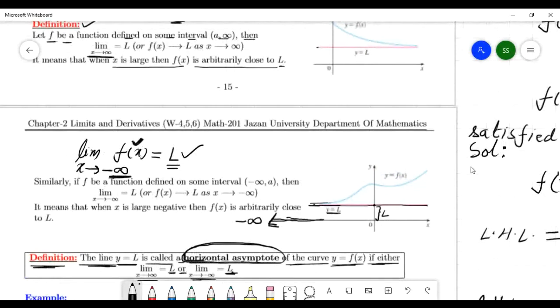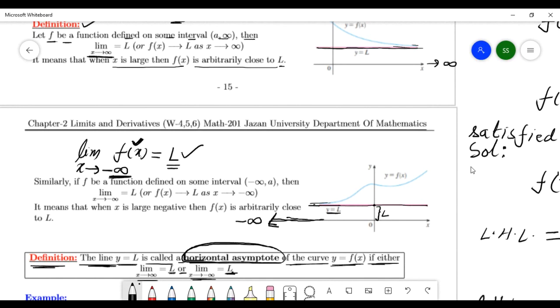Here, y equal to L is this line, a horizontal line. Here x goes to positive infinity and the function comes close to this line.